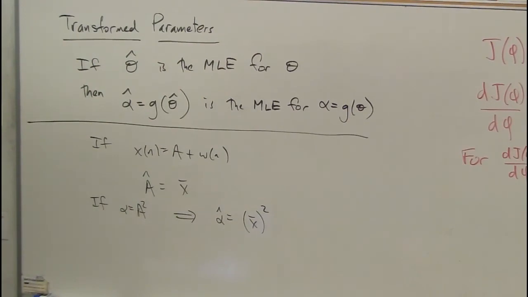And this is a situation too where if I have the maximum likelihood estimate for A, to get alpha for a particular alpha, either minus A or plus A, it turns out you don't have to worry about whether or not this is a one-to-one function or not. You just apply the transformation and you're all set.